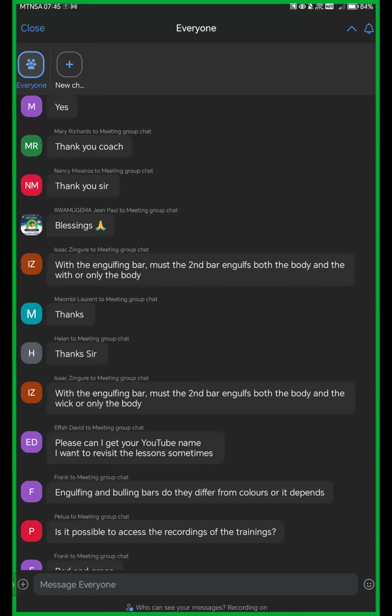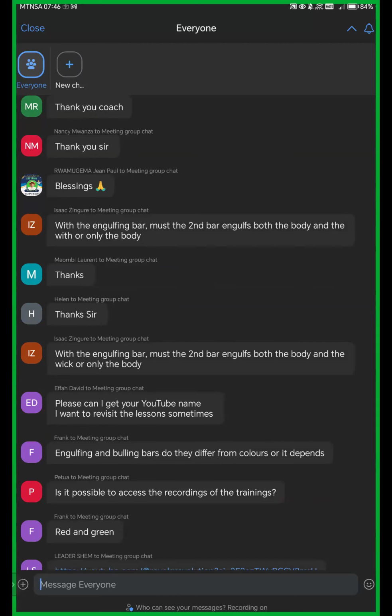Okay? If it is a bearish engulfing bar, it should engulf a green candle. It can be a smaller candle, but it should be green. It tells you where the market is coming from and where it is going.